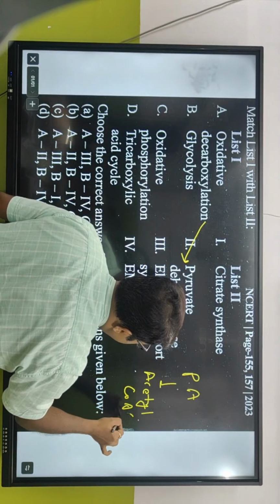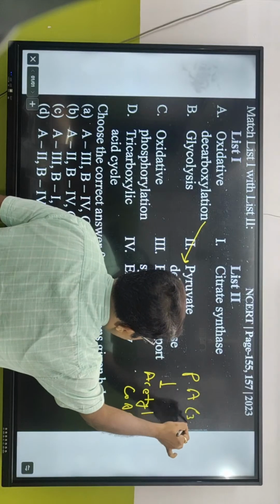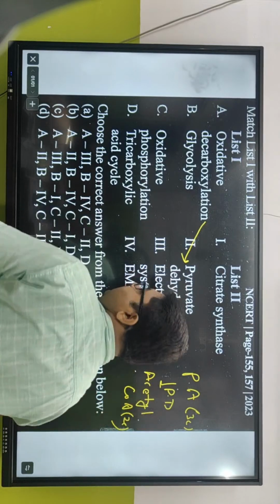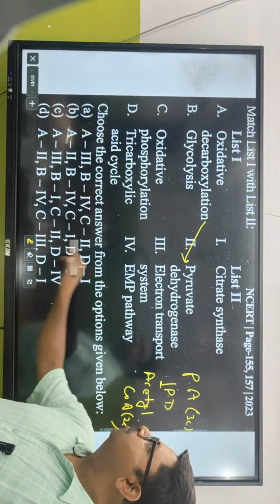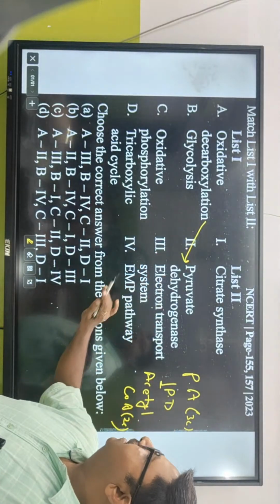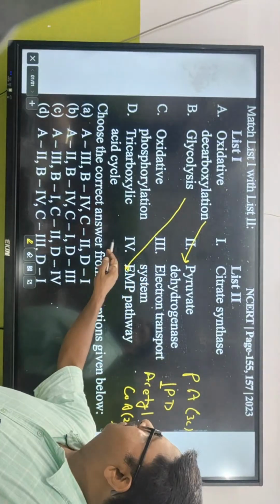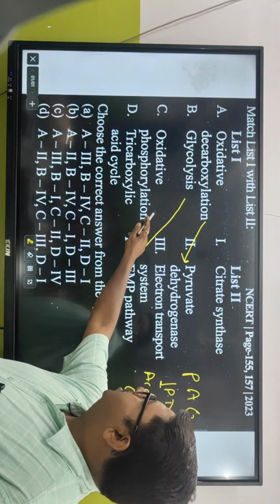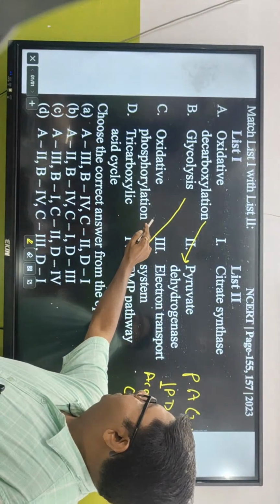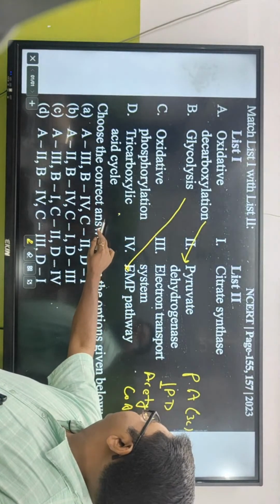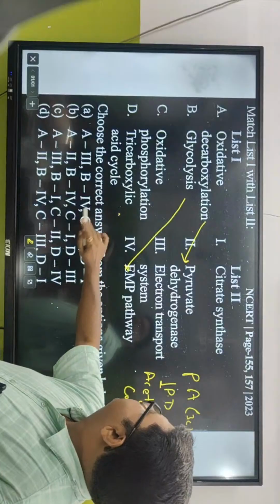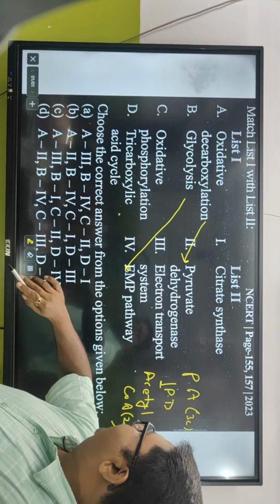Acetyl CoA is two carbon, pyruvate is three carbon, by the help of pyruvate dehydrogenase. Did you forget? This is glycolysis, the EMP pathway, then oxidative phosphorylation, the tricarboxylic acid cycle, TCA.